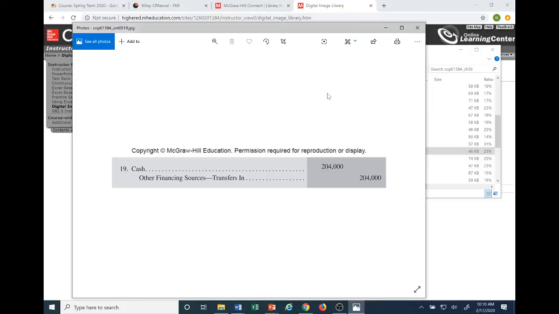Next, we have another semi-annual interest, it says, due on December 31st. So once again, it's for $48,000. Same math. 1.2 times 0.08, which is the interest rate, times 6 divided by 12, which is the time period, the months out of the year that it's been outstanding. So that's the interest. Then recall that it says on December 31st, we have the first of 10 equal annual principal payments.